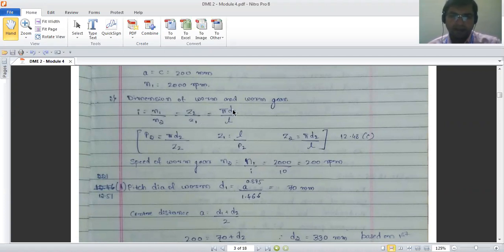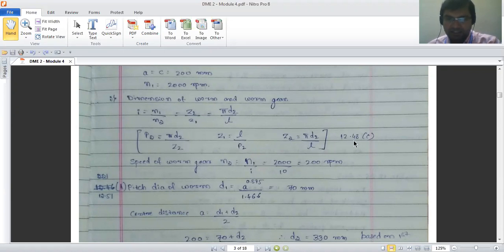Z2 equals pi D2 by L. This is because P2 is the pitch, which can be written as pi D2 by Z2, and D2 by Z2 is nothing but m. So Z1 equals L by P2 and Z2 equals pi D2 by L.